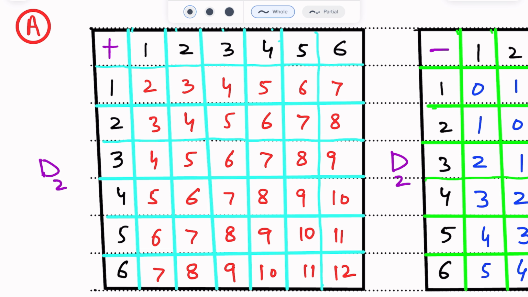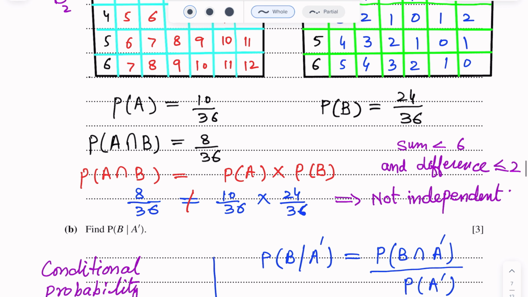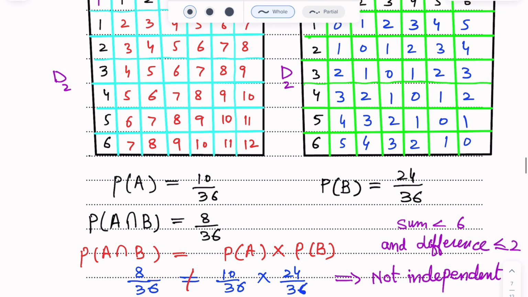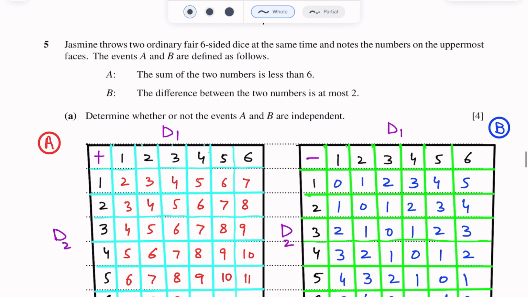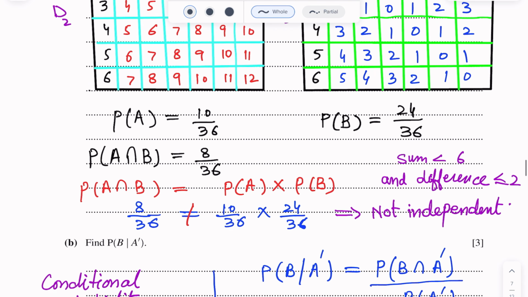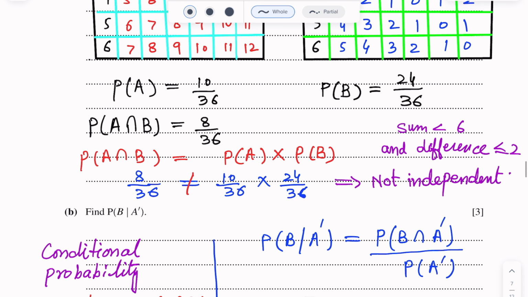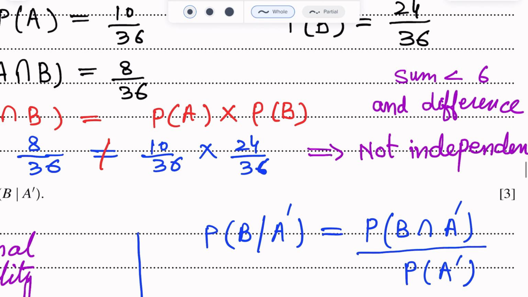Now A dash means sum is greater than or equal to 6 and difference is less than or equal to 2.